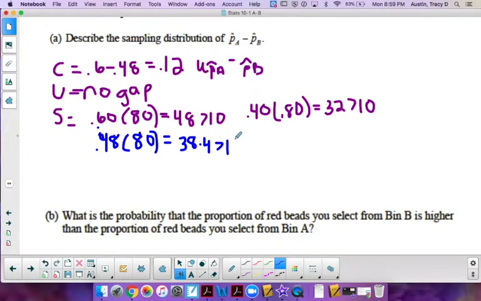It's okay that it's not a whole number because we're just going by the percentages we're given. Okay, and then the 52% of 80 is going to be 41.6, and that's definitely bigger than 10. So all of my successes and failures are bigger than 10, like they're supposed to be. So we can then say that the shape is approximately normal.